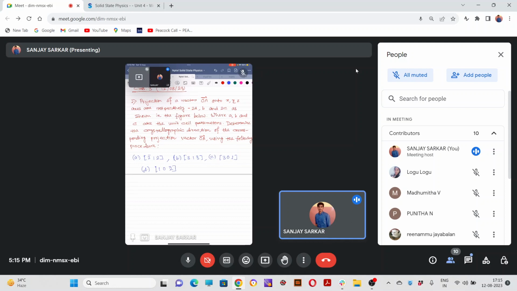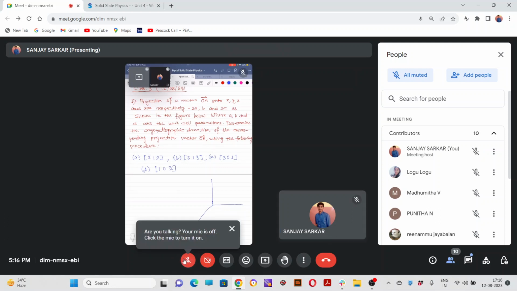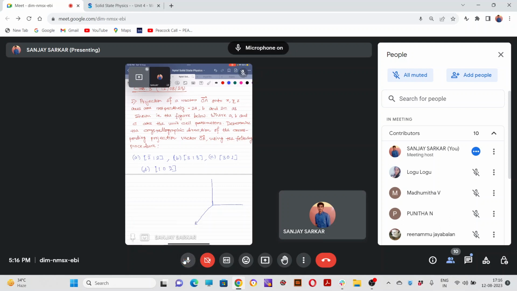So if we draw this, this is the axis. Wait a minute. So it is given like, not so good at drawing though.